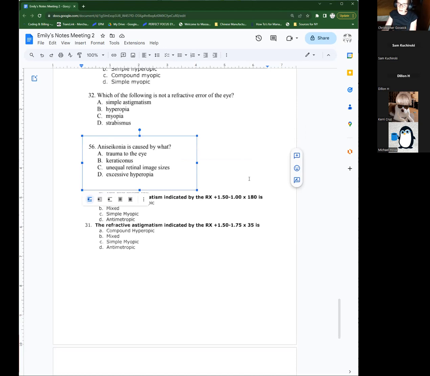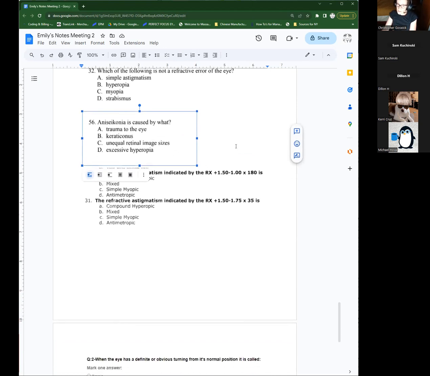All right. Anisoconia is caused by what? Trauma to the eye, keratoconus, unequal retinal image sizes, or excessive hyperopia. Okay, so anisoconia, you just kind of have to know it's unequal image sizes.